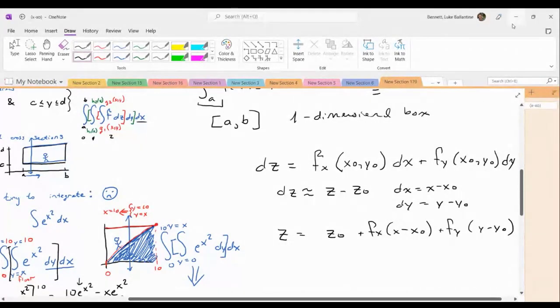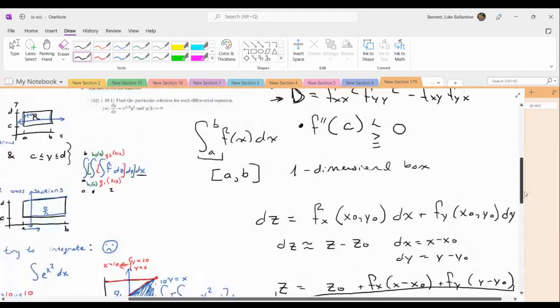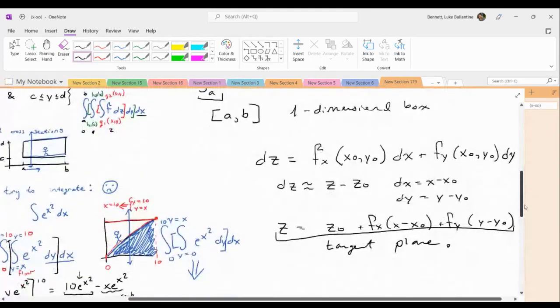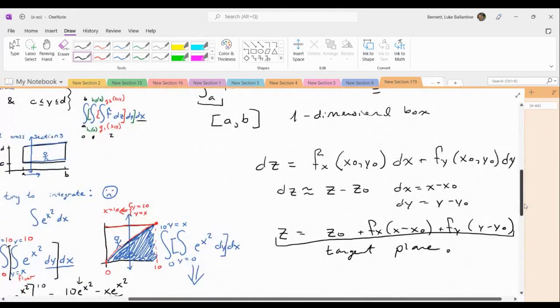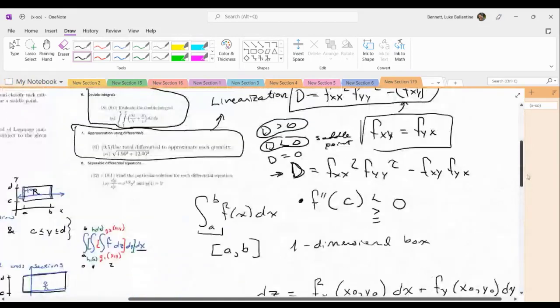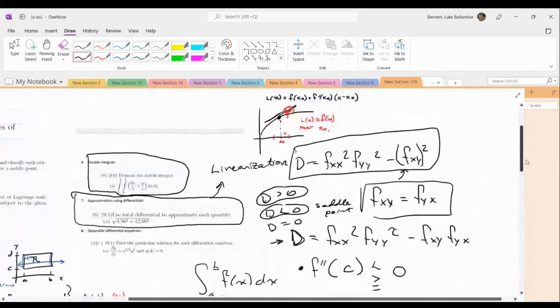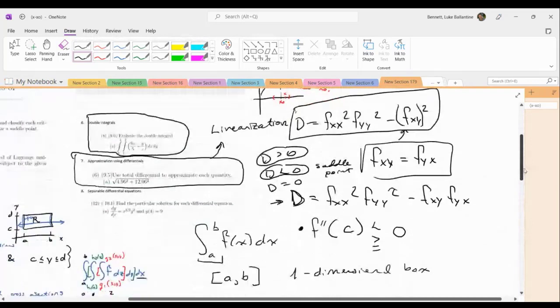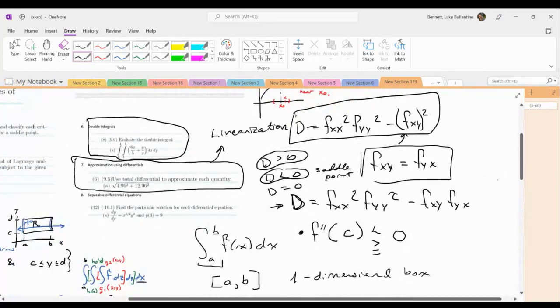This is the formula for the tangent plane. This will give you a tangent plane. I know you guys don't really cover that, but it's literally what the total differential is. And then separable differential equations.